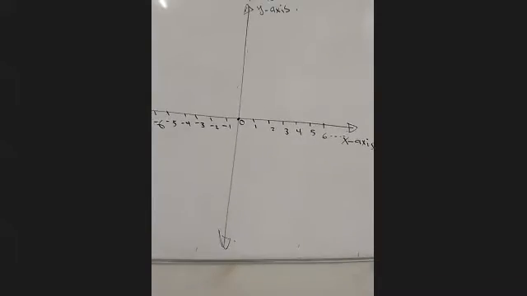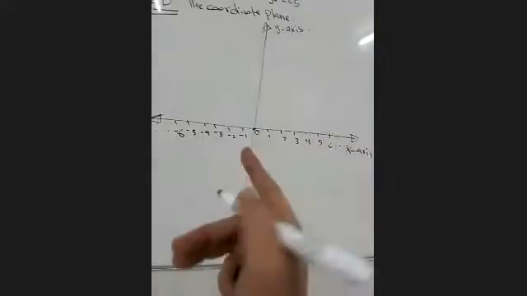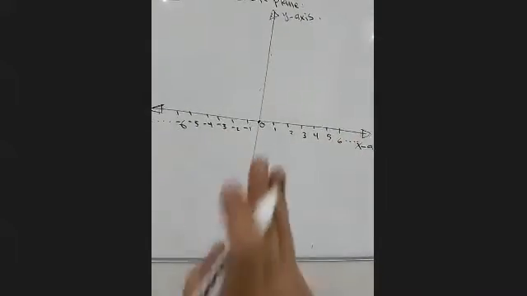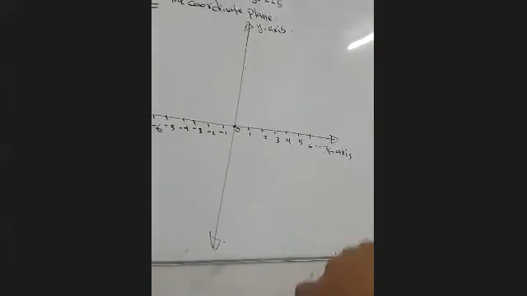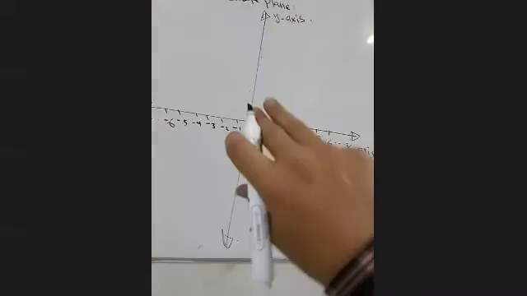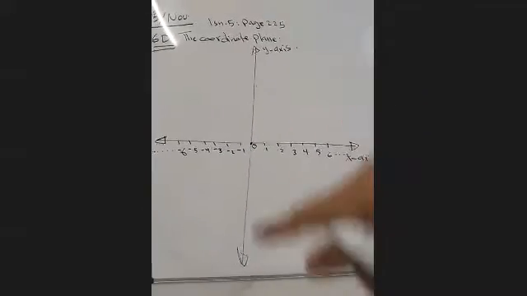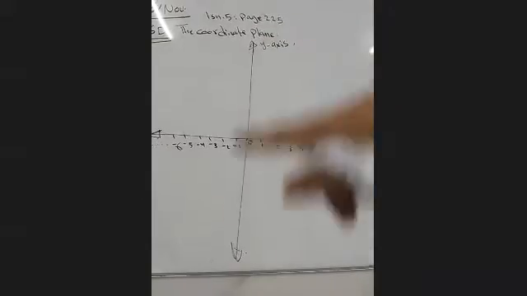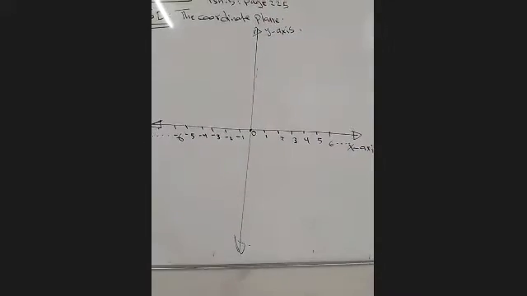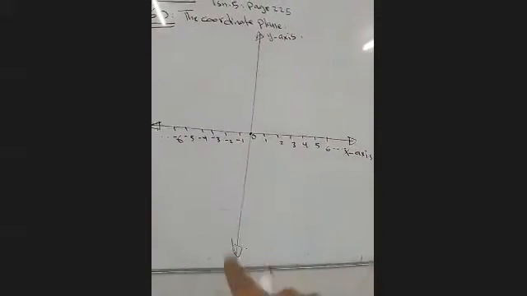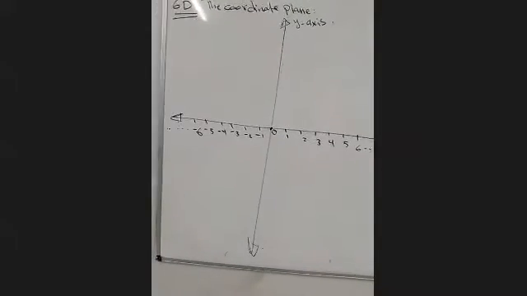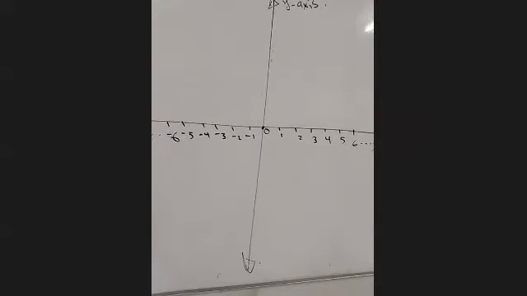So what's the x-axis? It's the number line. 0, positive, negative. To the right, always positive, and to the left, always negative. Now the y-axis, it's the vertical, not the horizontal, the vertical. The vertical line, we call it y-axis.